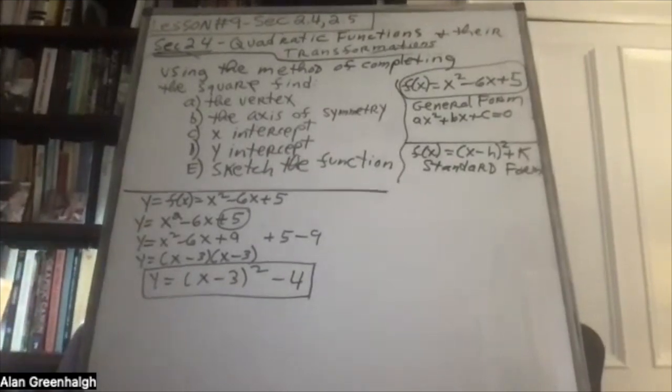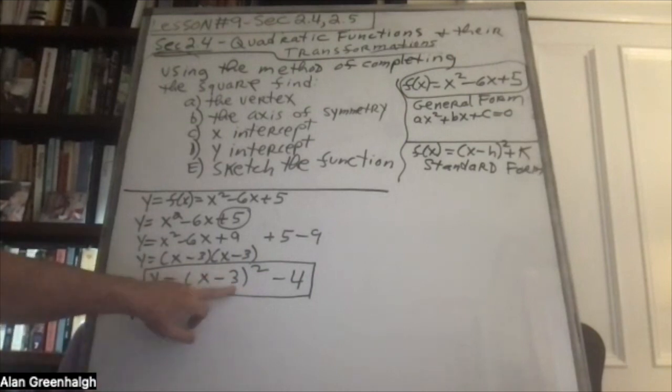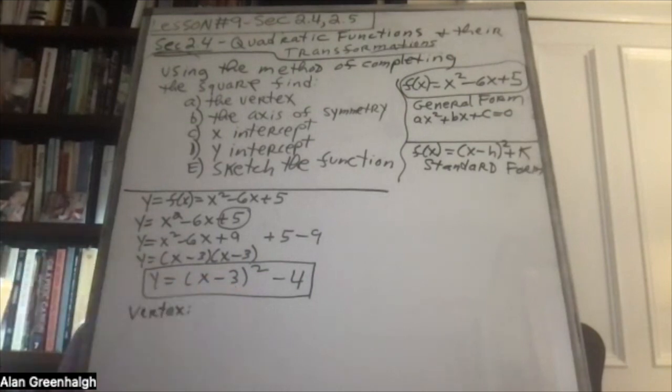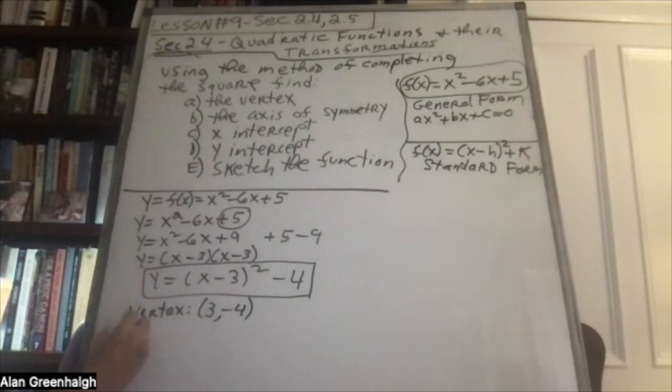And now let's answer all the questions. The vertex. The vertex is the opposite of negative 3, which is 3, negative 4. And the axis of symmetry is x equals 3.